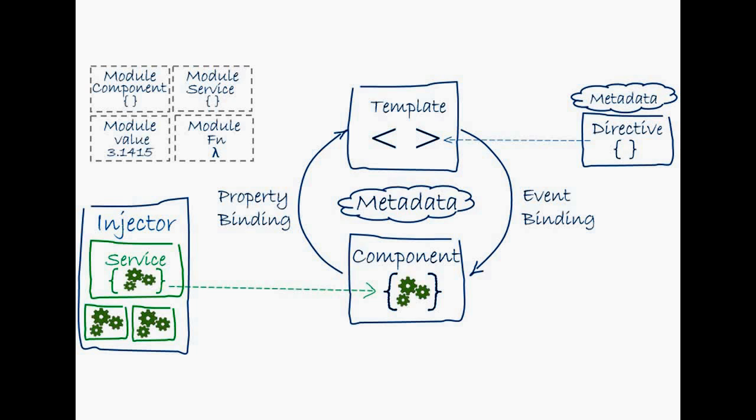So that's our architecture. The last section is the module. A module is a collection of services, functions, values, or components. So this is our Angular 2 architecture.